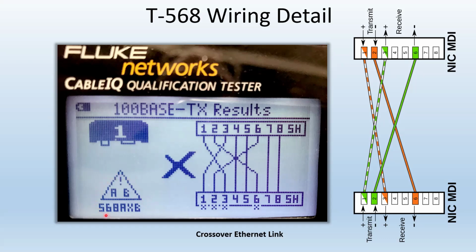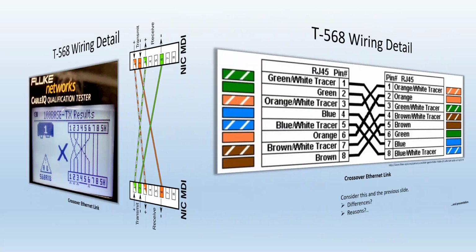There's a little indicator on the bottom left of the screen that says T568 configuration, A to B crossover link. So it has failed, but it has to fail in a certain way. That's what we're doing this week in this lab. Cool, eh?